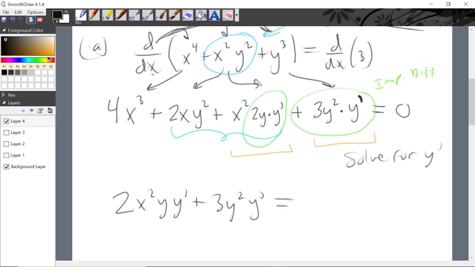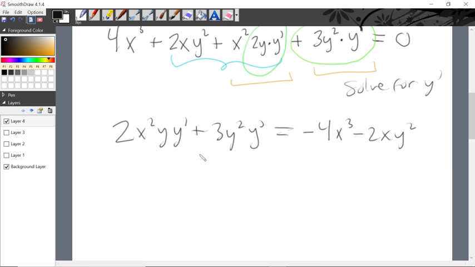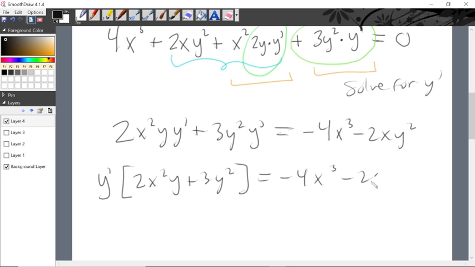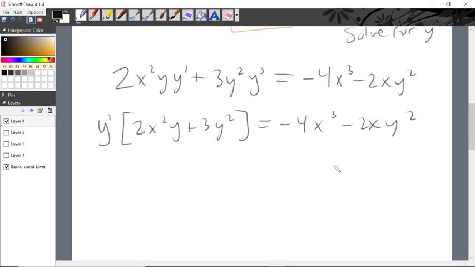Then move the other terms to the other side of the equation, so negative 4x cubed minus 2xy squared. Okay, so I've isolated the terms with y prime. Now factor out the y prime. So y prime times 2x squared y plus 3y squared, and the right-hand side is negative 4x cubed minus 2xy squared. And finally, divide to isolate y prime.